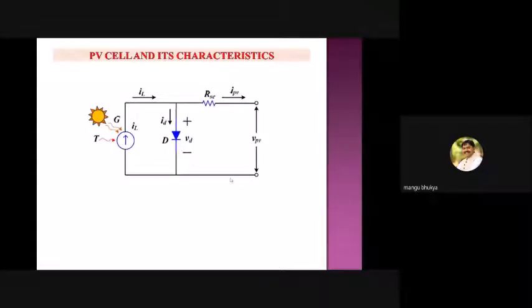This is the equivalent circuit, because to analyze any circuit we require its mathematical model. This is the mathematical model of the PV cell. Here the power output from the panel is a function of temperature and insolation, G. The energy from the sun we receive in the form of photons, a bundle of photons.